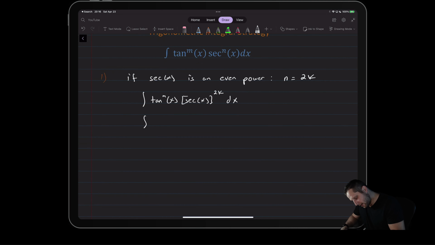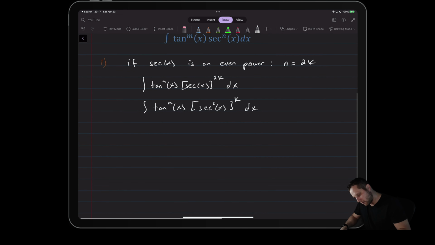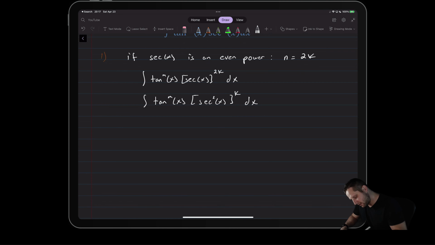But this is the same as tangent to the m power of x times secant squared of x to the k power dx. And here we're going to pull out a factor of secant squared.